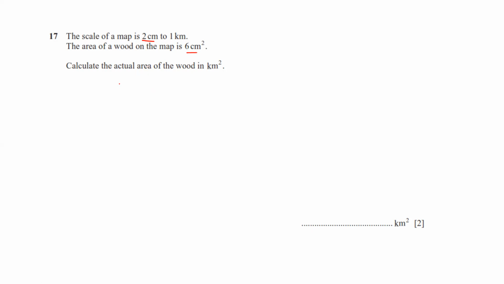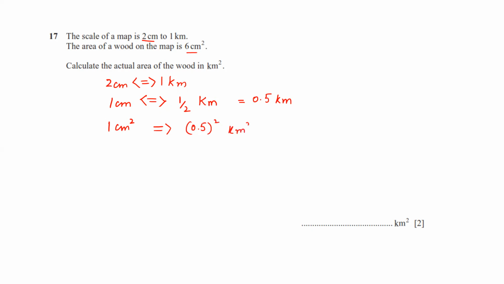First of all, let's say you have 2 centimeter is equal to 1 kilometer, or rather, is relating to. Your 1 centimeter corresponds to half a kilometer, or 0.5 kilometer. And 1 centimeter square will be 0.5 squared kilometer square.